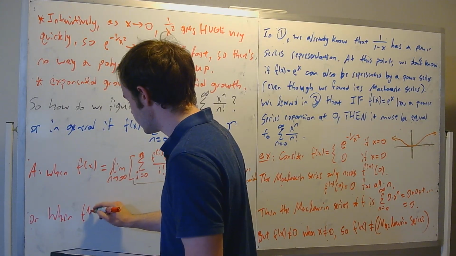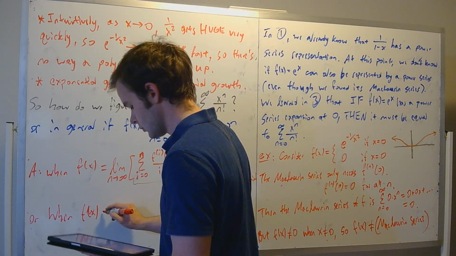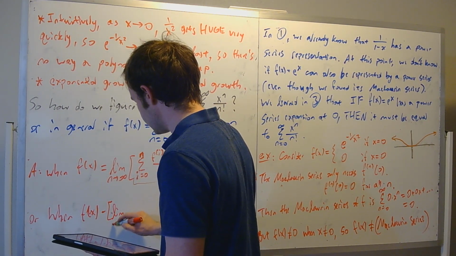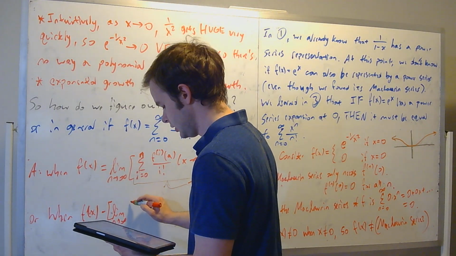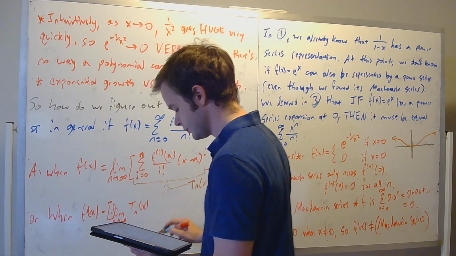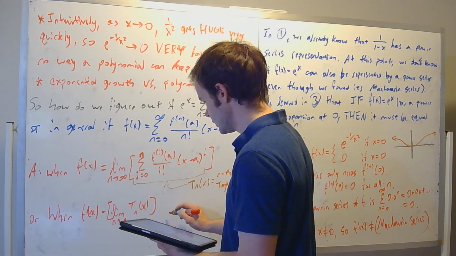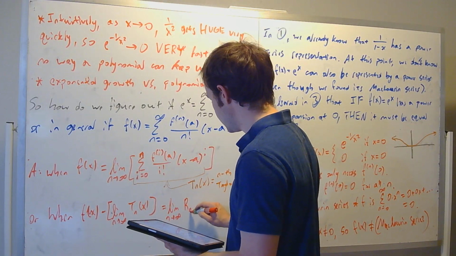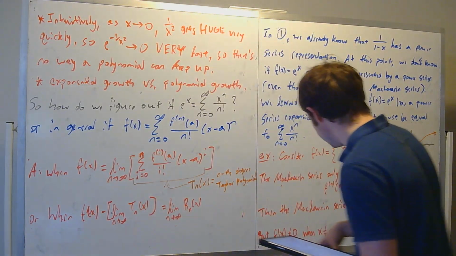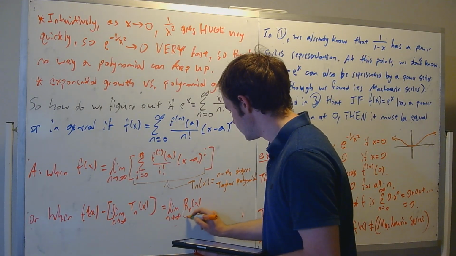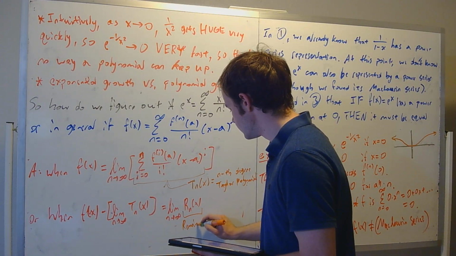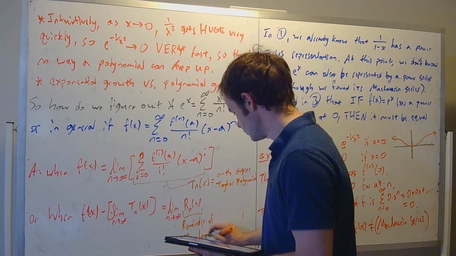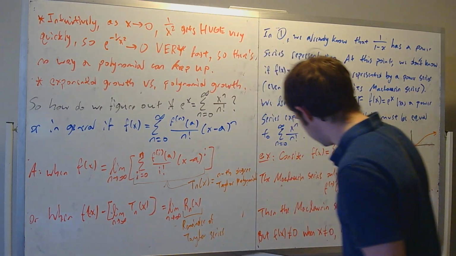So if we take f of x minus the limit as n goes to infinity of Tn of x, which is going to be the limit as n goes to infinity of Rn of x, we call this part the remainder of the Taylor series. It's when this thing is equal to 0.